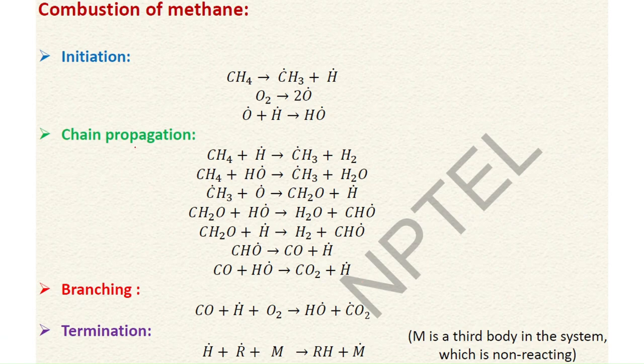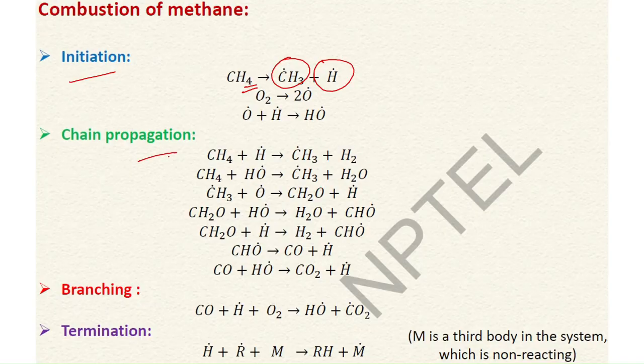Here the combustion of methane is expressed in 4 steps. In the initiation step, dissociation of methane into two free radicals, methyl radical and hydrogen radical, takes place. In the second step, these radicals join with another methane molecule to further propagate the reaction, increasing the molecular weight of the compound to produce heavier compounds.